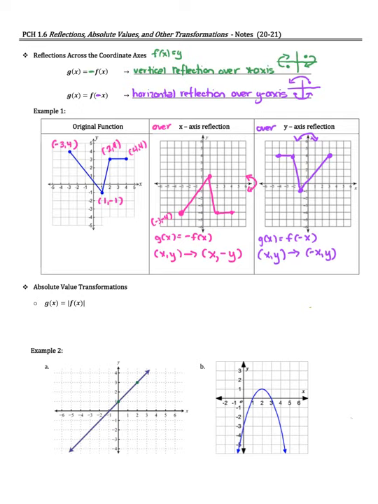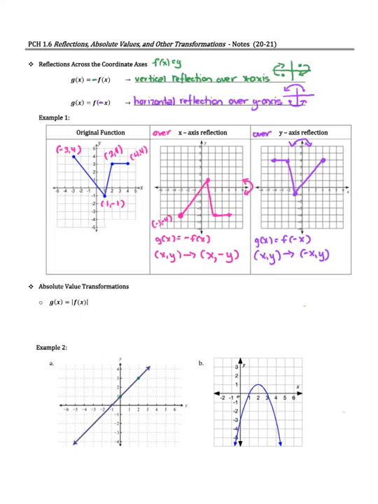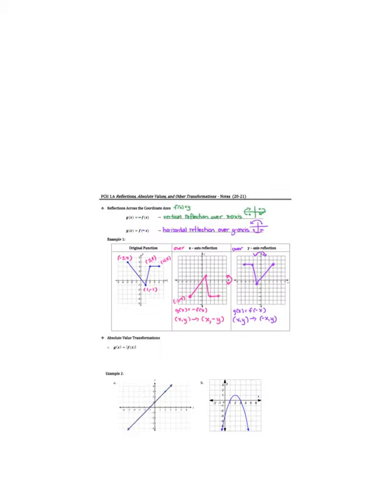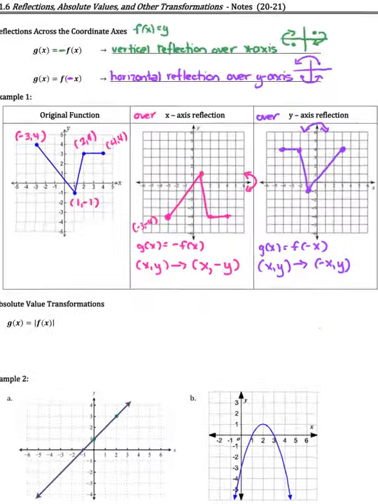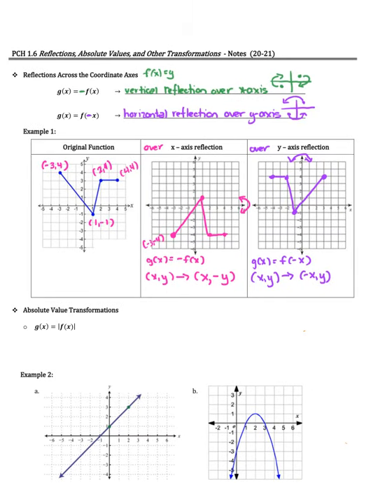Okay? All right, so now let's move on to the absolute value transformations. And there's two types, and sometimes people get them confused with one another. Let's take a look at when you have the absolute value of the y value.